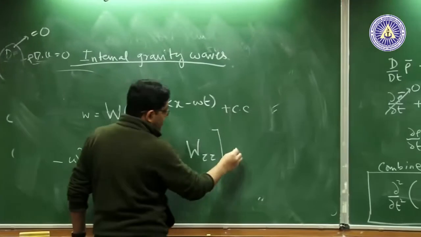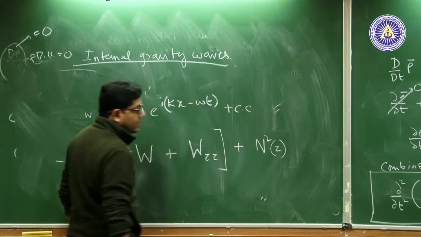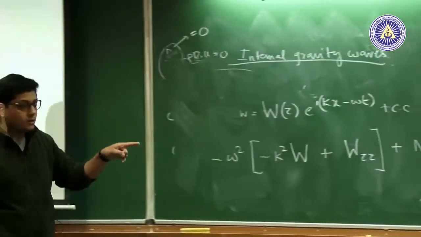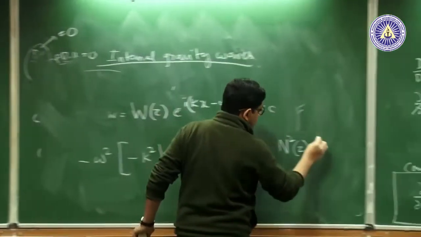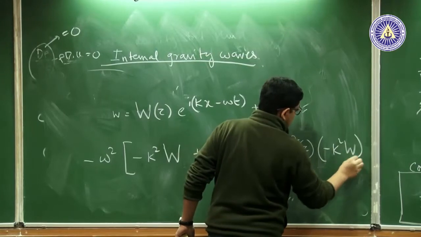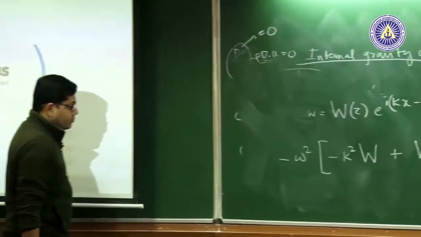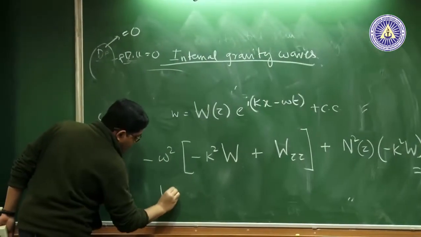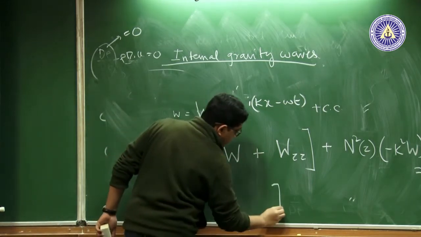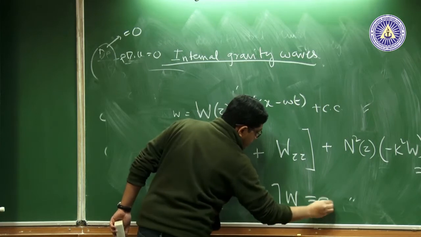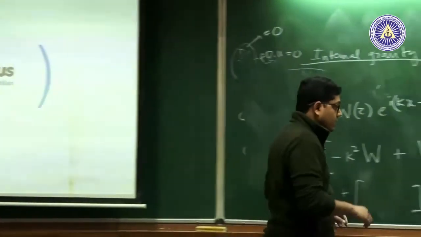And here n square remains n square, I will still write n square W_z, and what about that del 2 omega del x square will give rise to minus k square W. Okay. So, please simplify it and give me it in some form, that is W_zz plus something W equals 0.